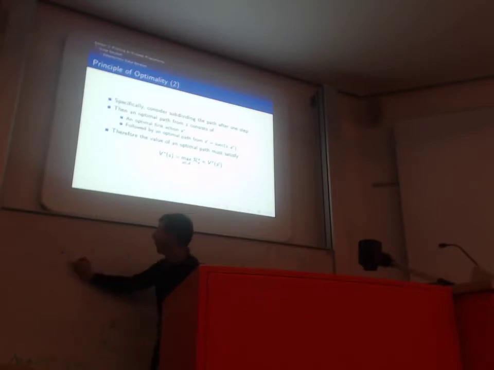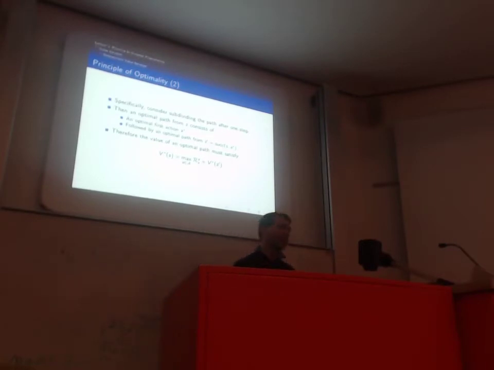Again, the idea is very simple: if there was some other better way to behave, then the overall optimal thing would have to follow that one instead. So this is an intuition for why the Bellman optimality equation must be true. The principle of optimality applied to one step. You have to take the best thing for one step and the best thing from there onwards.